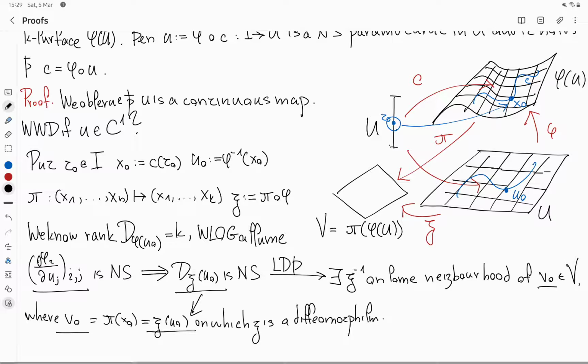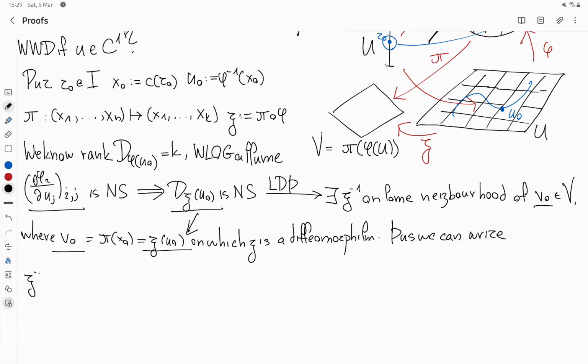As such, the inverse exists, so we can write G inverse after pi, which then, if everything is well defined, is actually equal to phi inverse, which we know exists since phi is a homeomorphism, on phi of u, where u is the set, phi of u intersected with pi inverse, the preimage of pi.